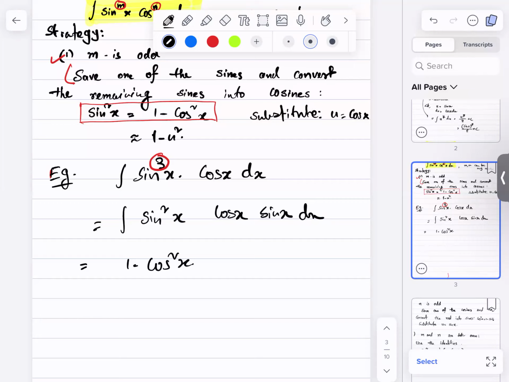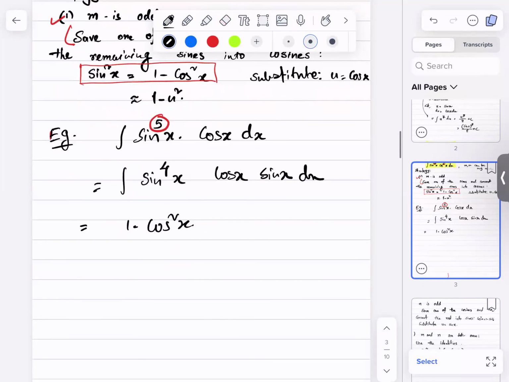As this is a test example, let me do something more difficult. Say I have sine to the 5x. Then I'll have this, right? And this is nothing but sine square x whole square, right?